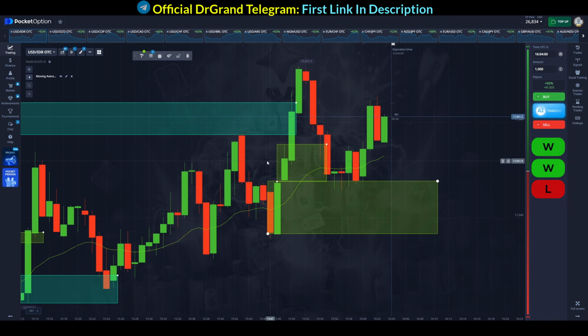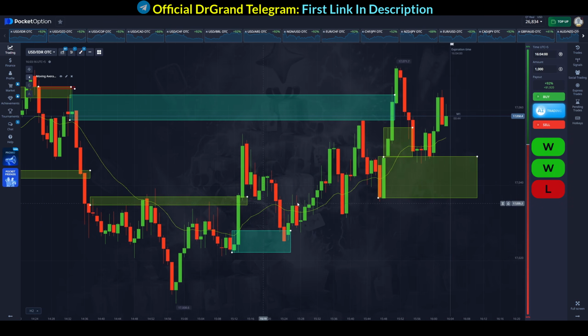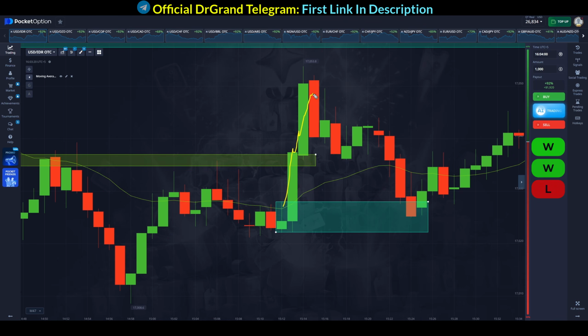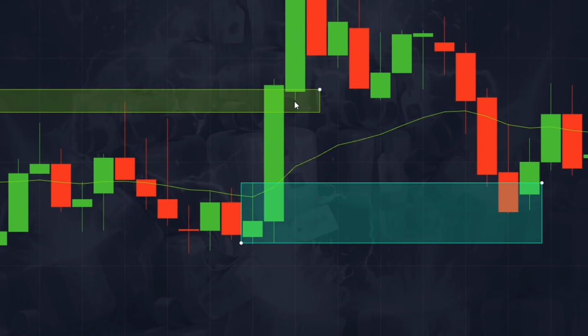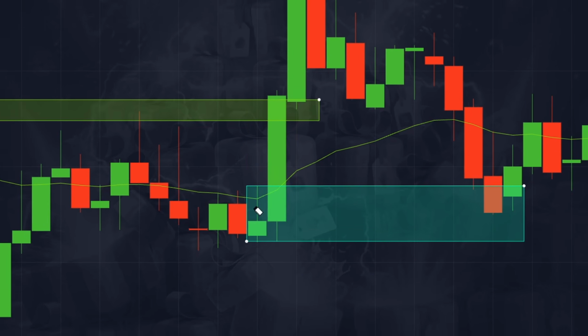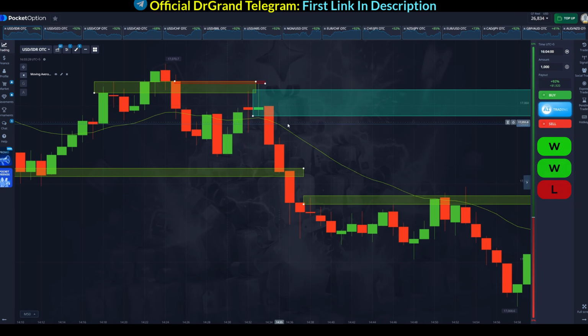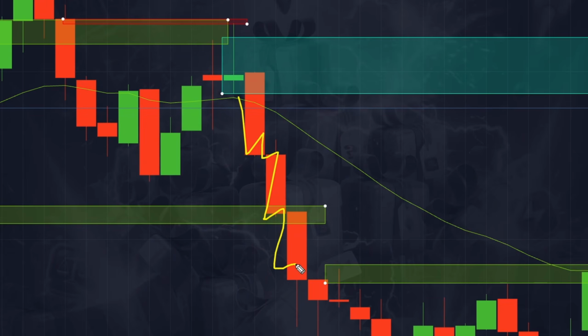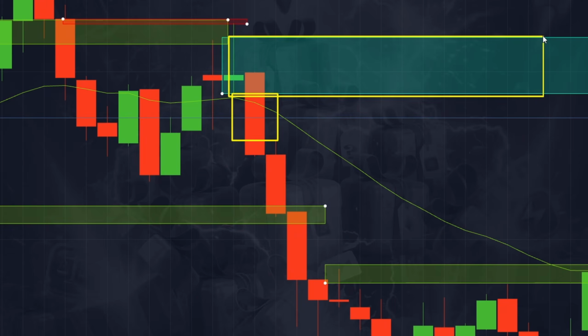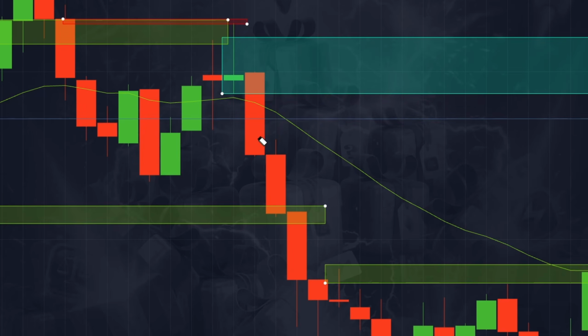Order block needs to have fair value gap. For example, in this example, the breakout strongly with no hesitation created this fair value gap. The candle before becomes the order block. And again, on the very first example, breakout with no hesitation, fair value gap, the candle before is going to be order block, which in this case is also a demand zone.